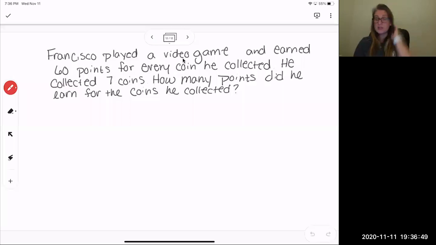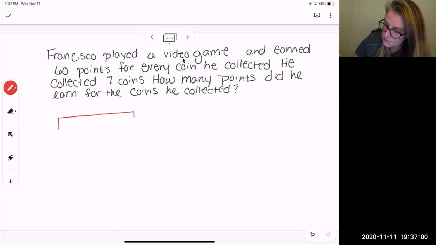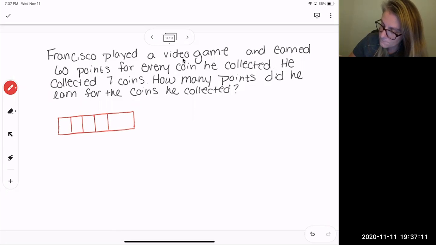So a good picture we could draw is actually a tape diagram for this problem. So we're going to represent the 7 coins that he collected in our tape. Okay, so here are 7 coins that he collected.